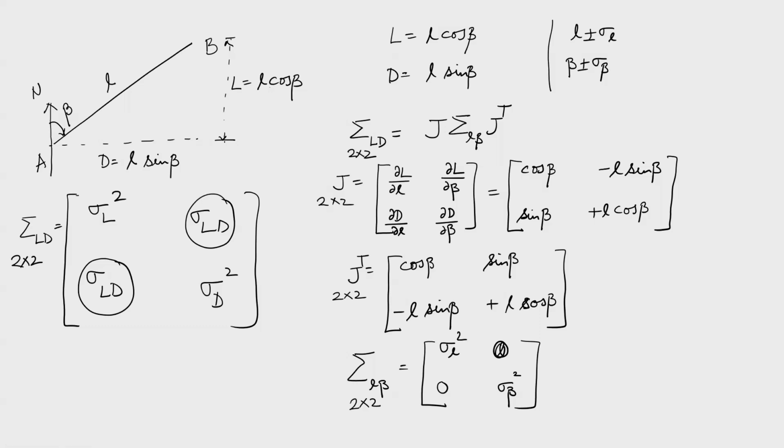Remember, L and D are dependent variables, or they are the response variables, and using the variances of the basic measurements, that is length and bearing, I have found out what could be the error propagated in the latitude and departure of a line. Right. So, what should be the value of sigma L square? I got some values and I am sharing them with you, you also try it yourself.